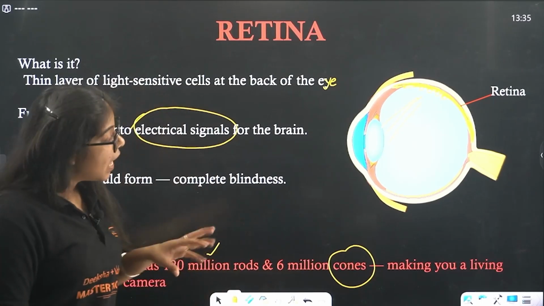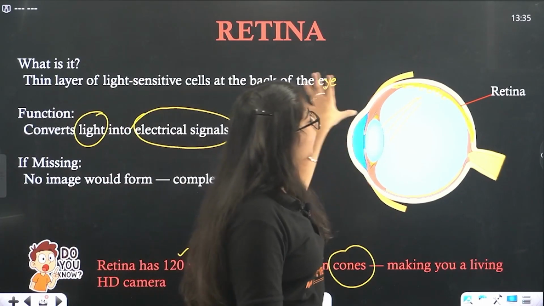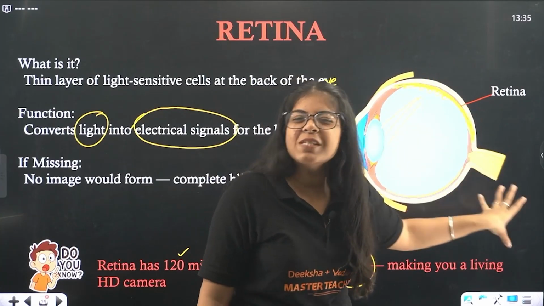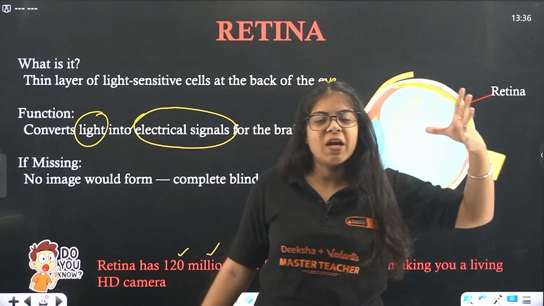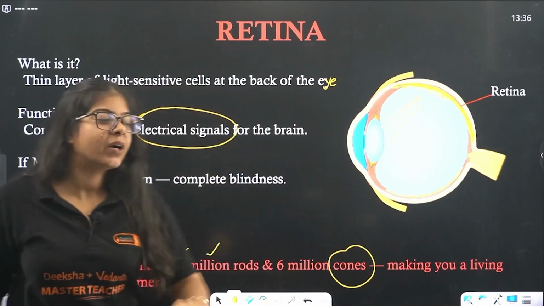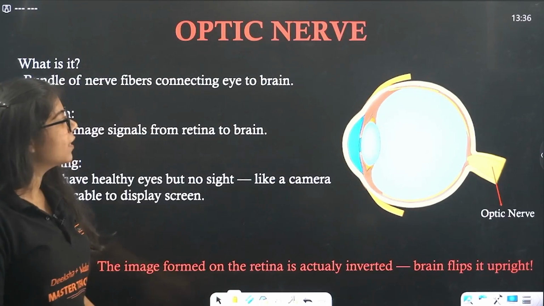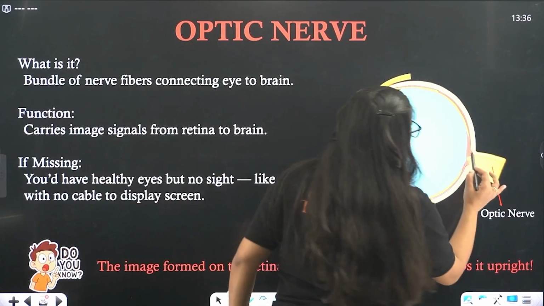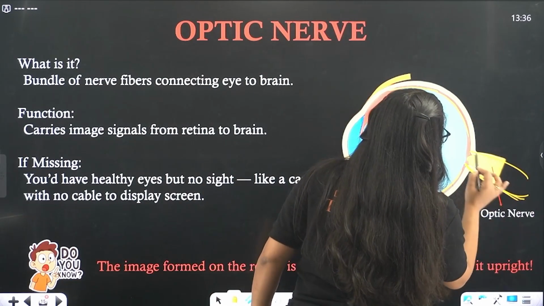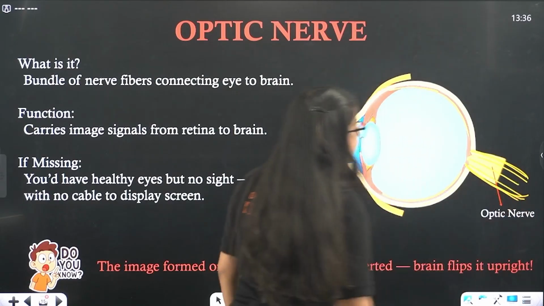After this, the retina's signal is converted, but it has to be sent to the brain to analyze what we are seeing, right? So that work is done by your optic nerve. You see this part? This is called your optic nerve.